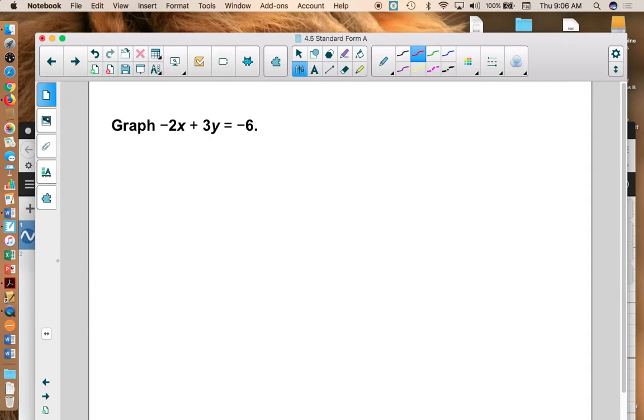Make sure we can take the standard form and turn it into slope-intercept.